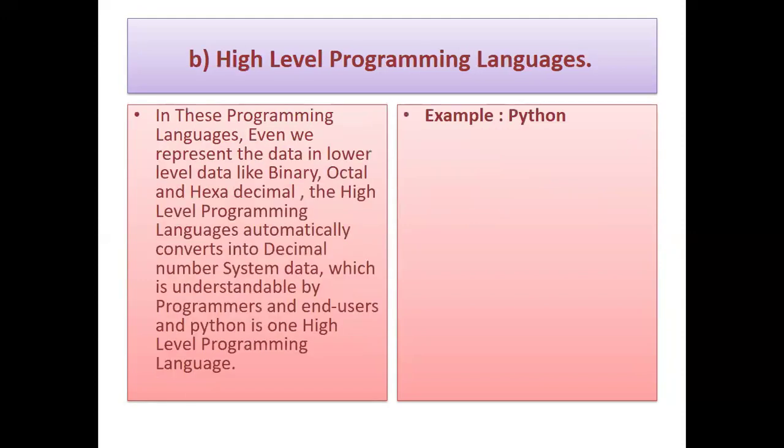But in a high-level programming language, if we save any data in binary, octal, or hexadecimal format, we can convert it into the decimal number system automatically, which is understandable by the programmer and end user. I have given the examples also.